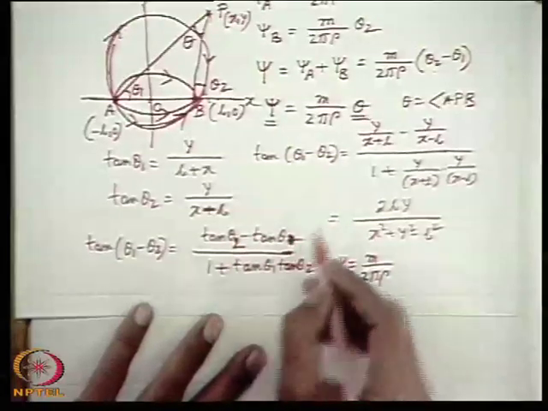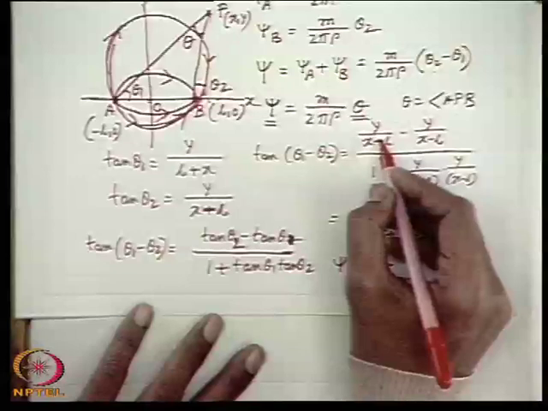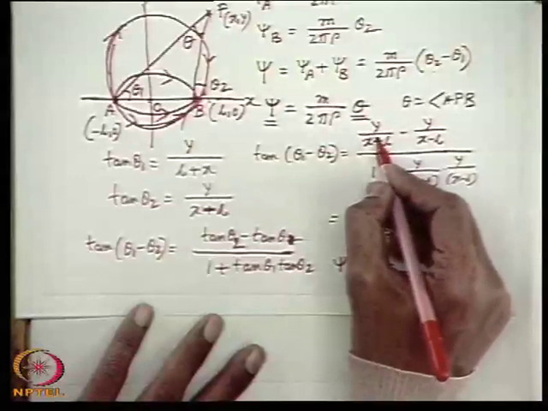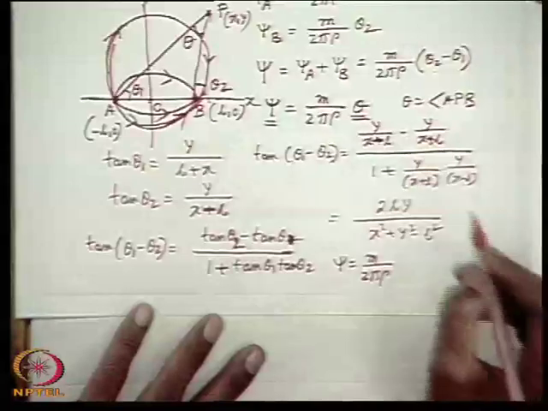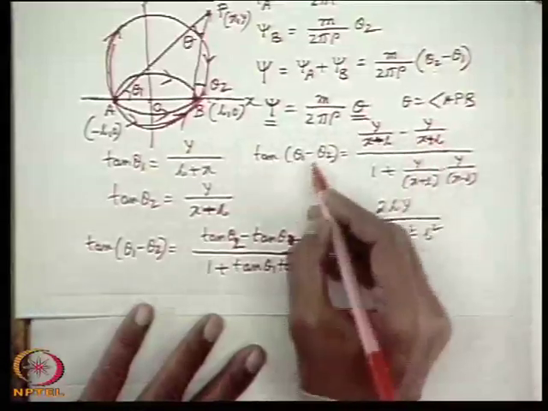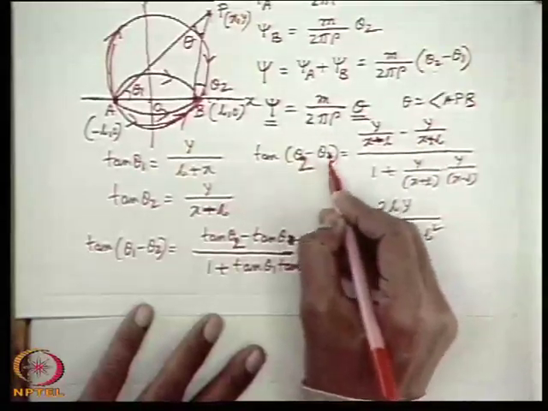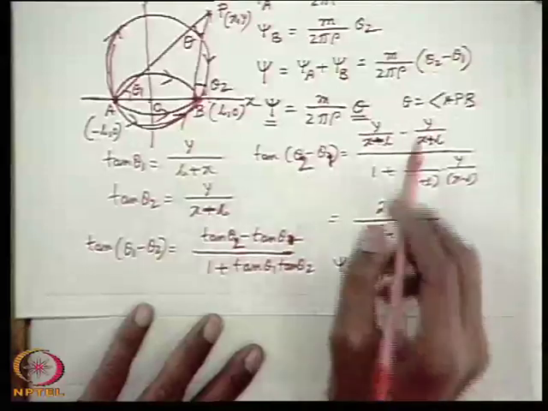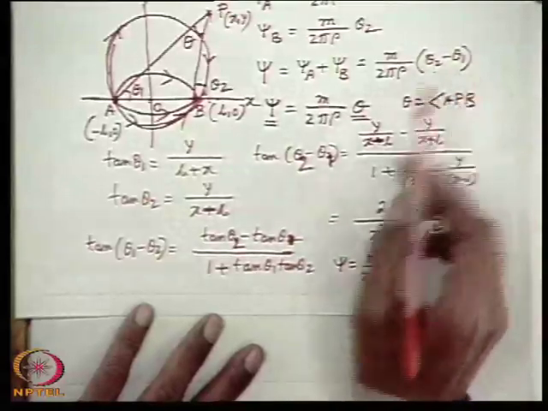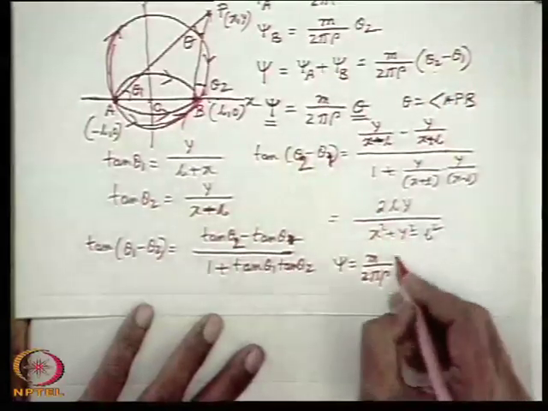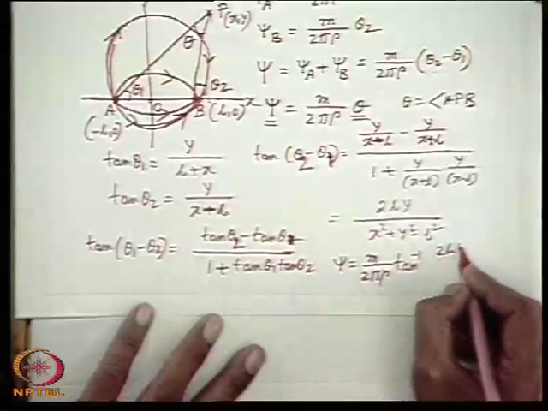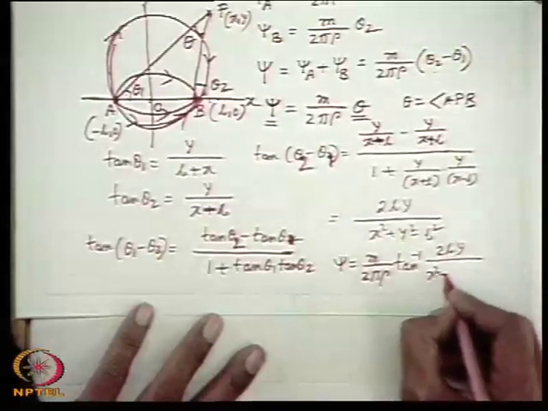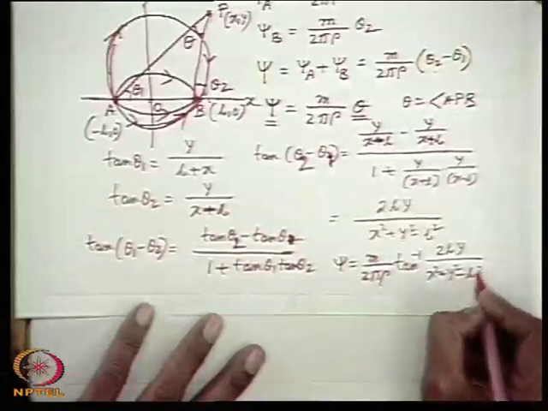So it has to be theta 2 minus theta 1. If you see that theta 2 minus theta 1 is tan inverse of this, that means tan inverse of 2by over x square plus y square minus b square.